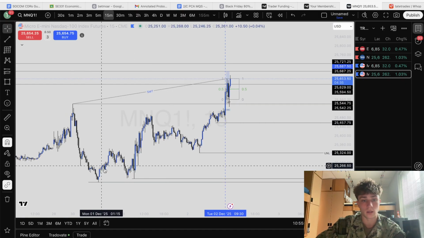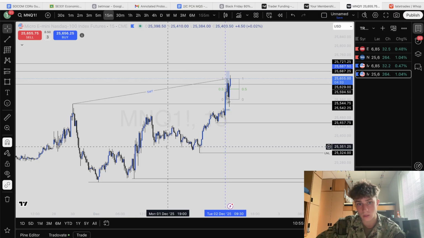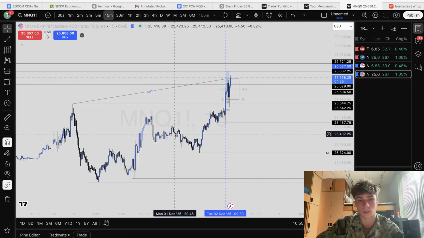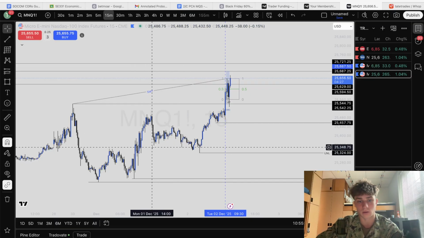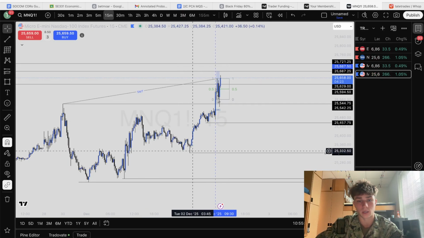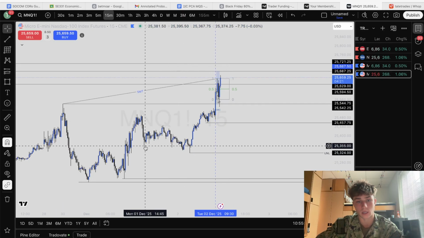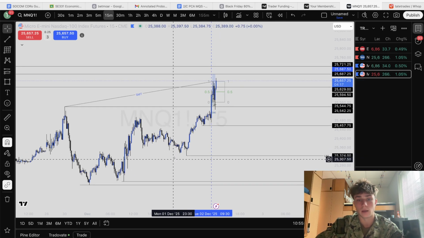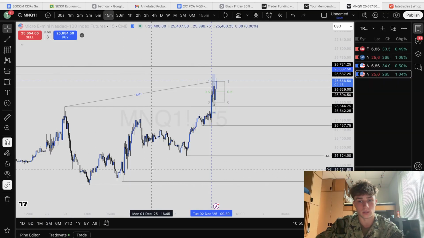We had London accumulation, and then Asia accumulation, and then London manipulation sweeping out all of this Asia liquidity, creating a London low. And then these are just hourly lows.